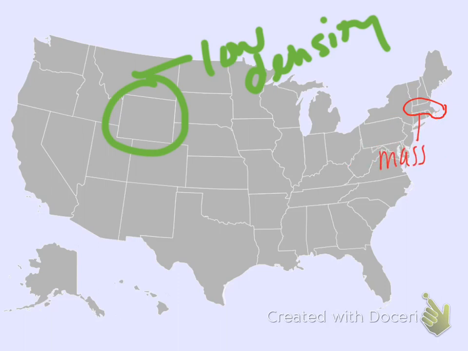Much higher density. The entire eastern seaboard. High density. You have a small physical area, and you have lots of people. You have major cities like Boston and Worcester and Lowell, Massachusetts, and you've got urban areas. It is much, much, much higher density than someplace like out west.